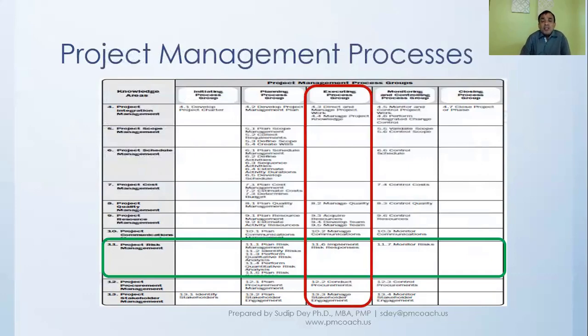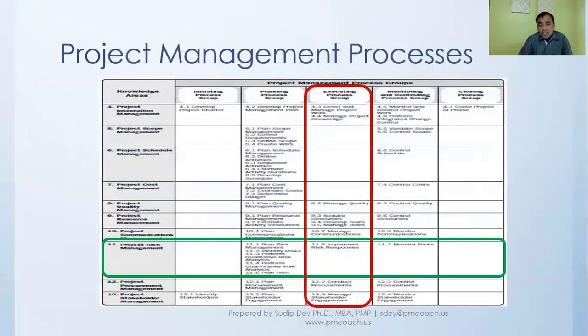And then the vertical column, the red column that you see, these are the process groups. This particular process group, the red vertical column, is the executing process group, and all the processes in this column are about execution of the project based on the planning that has been done in the planning process group.